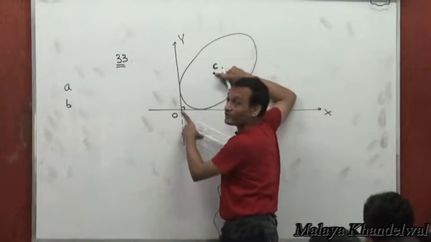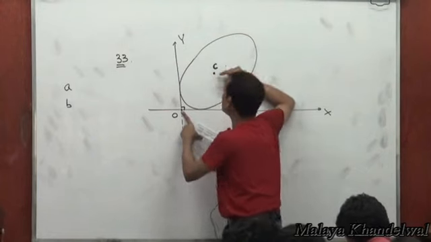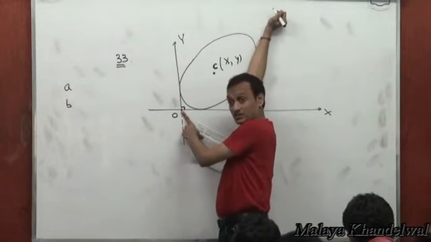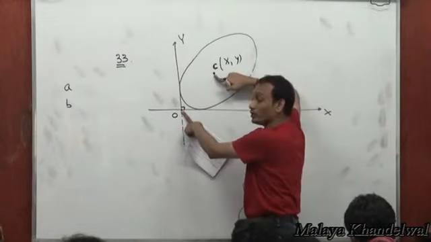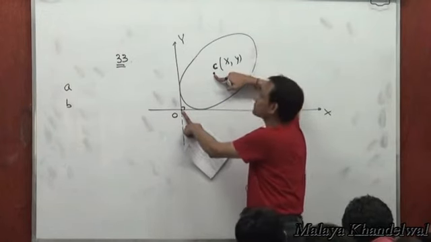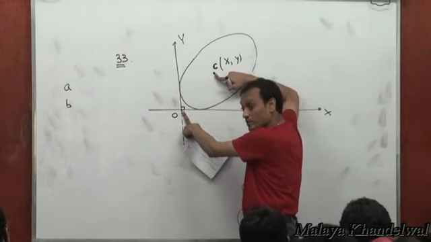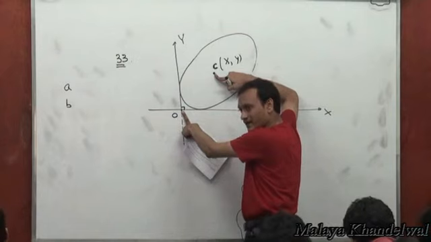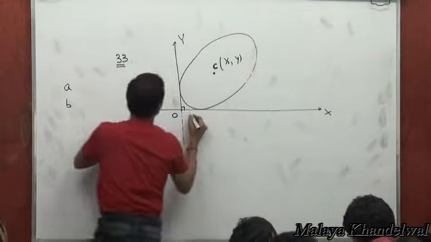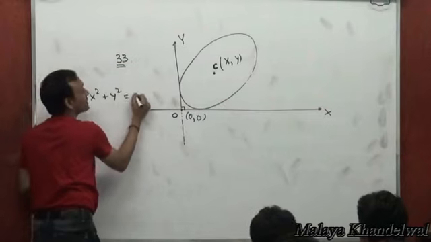The director circle will always be concentric with the ellipse. So if (x, y) is the center of the ellipse, it is also the center of the director circle. Then OC will at any point of time be the radius of the director circle, so OC will always be root of a squared plus b squared. Yes or no? So OC squared, x squared plus y squared, will be a squared plus b squared.